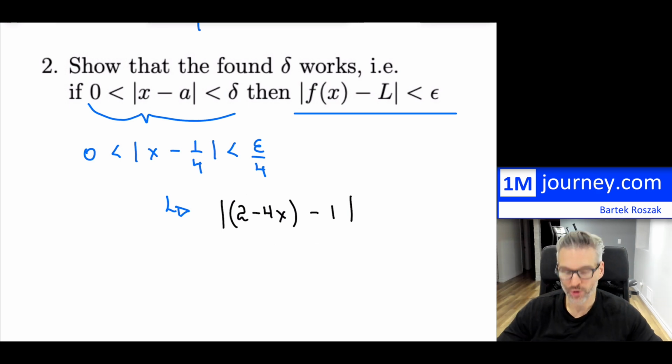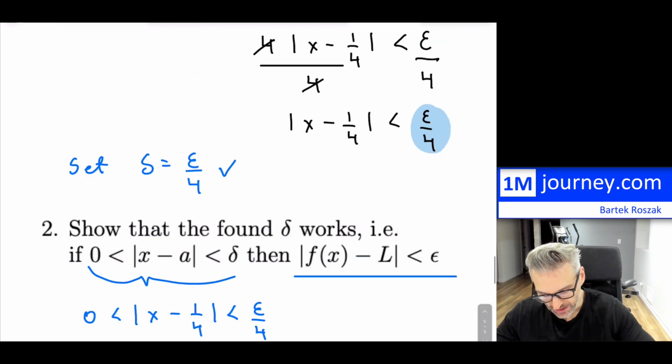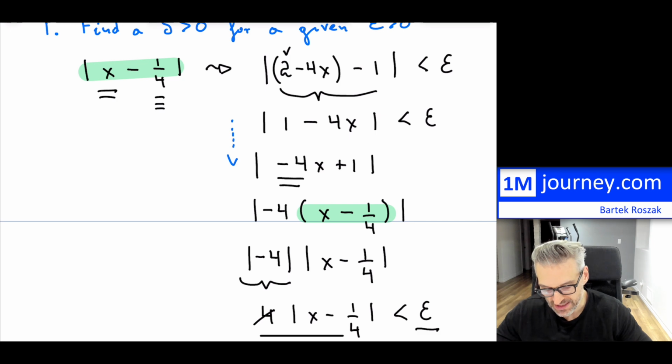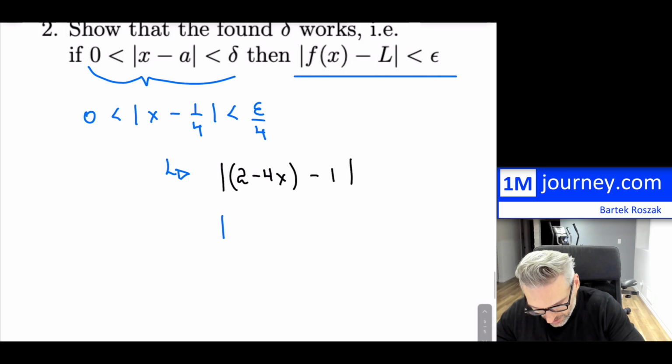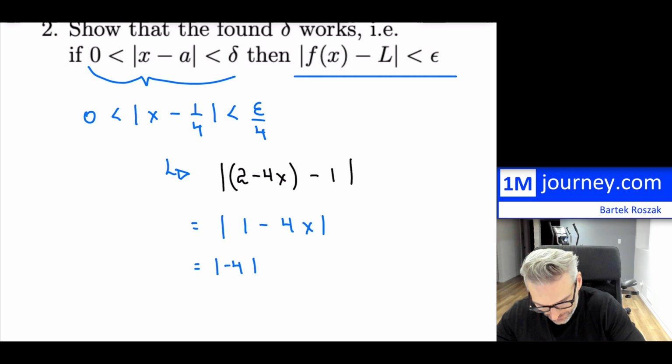Now, we know that all of this was simply equal to, because we stepped through this as we were going through here, so now you're basically repeating all of this. This is simply 1 minus 4x, and that is equal to negative 4 times x minus 1 over 4. I'm just factoring out the negative, right?